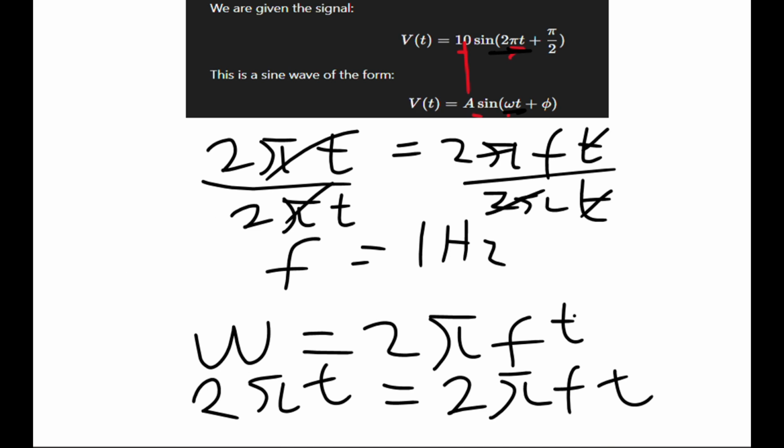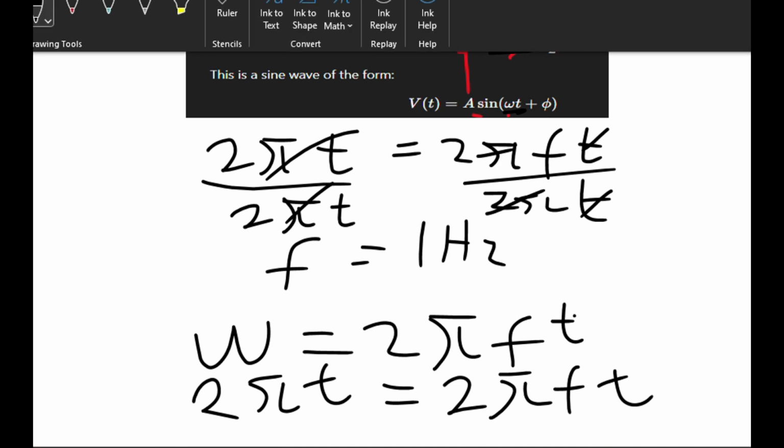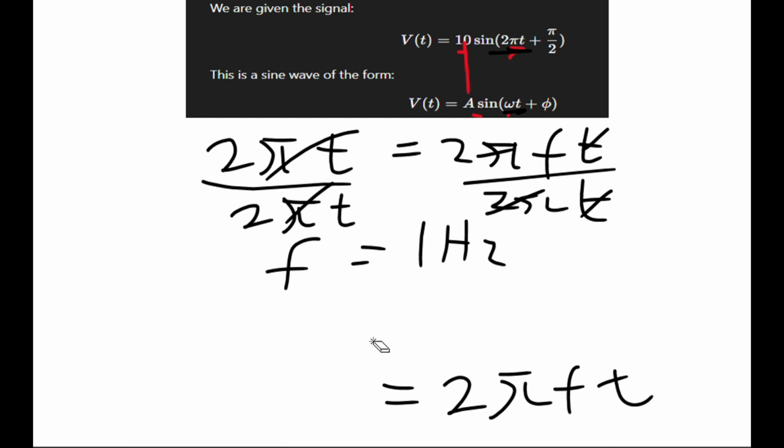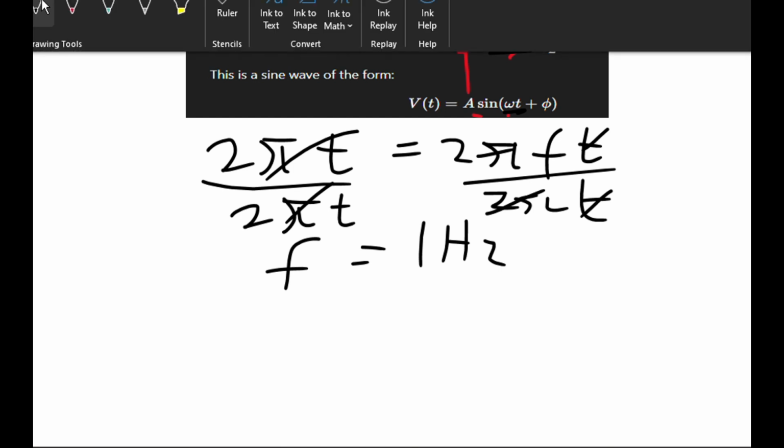So our next question, we're supposed to find the period, right? So we can find the period from the frequency that we just found. Yes, how? Don't worry. Let me wipe this off so we can get space to work on that. Okay, so let's go.